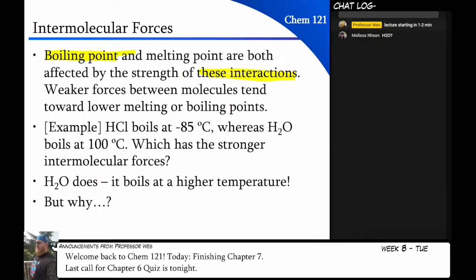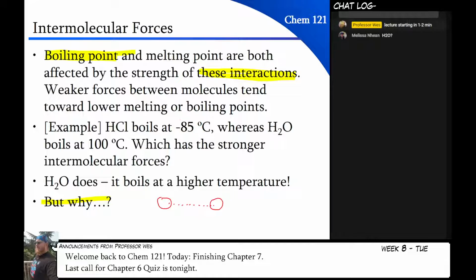Now, the why here is going to be the whole point of this. Why do molecules stick to each other? It turns out there is only one reason that is really relevant here. If I have a molecule that has an attractive force towards another molecule, this can only occur based on what parts of the molecule are present on the outside.